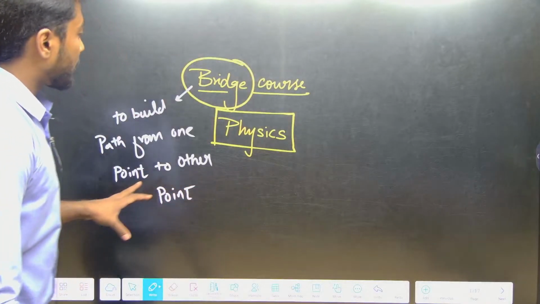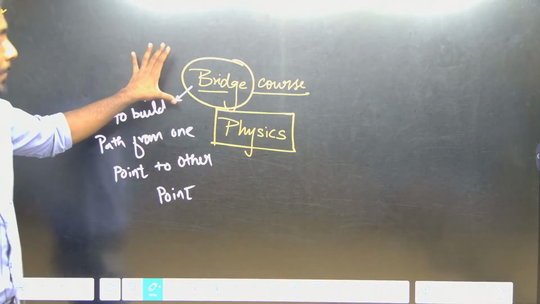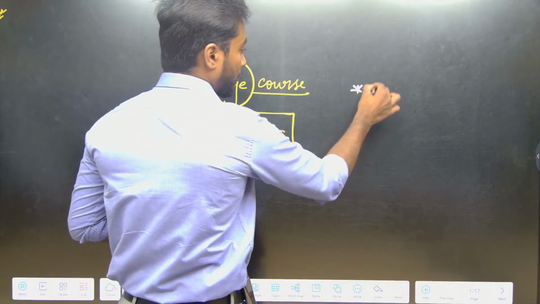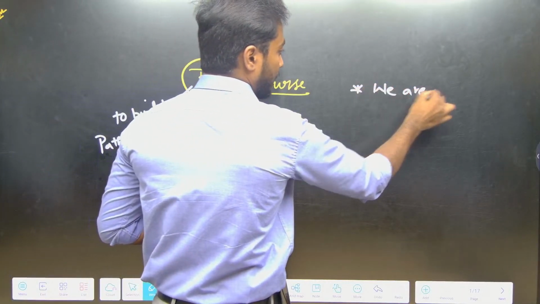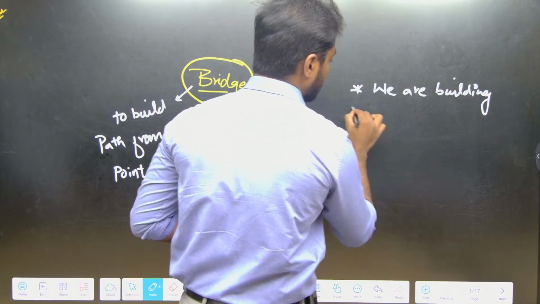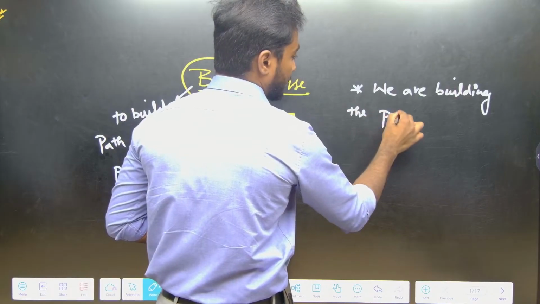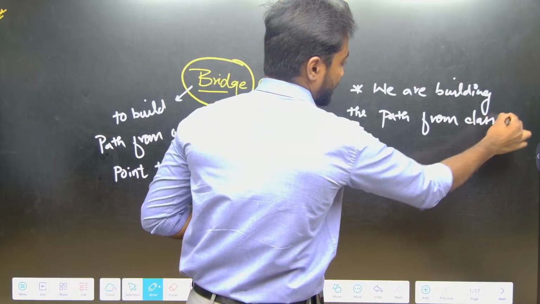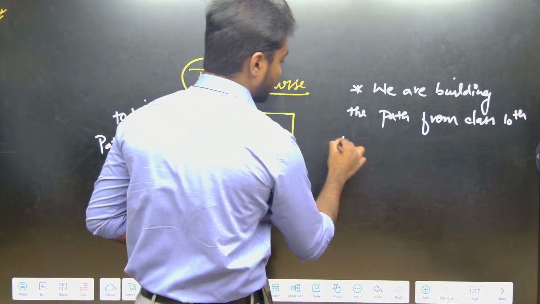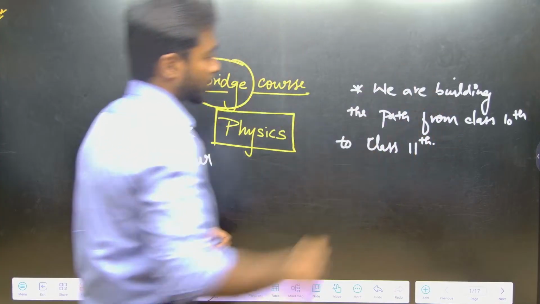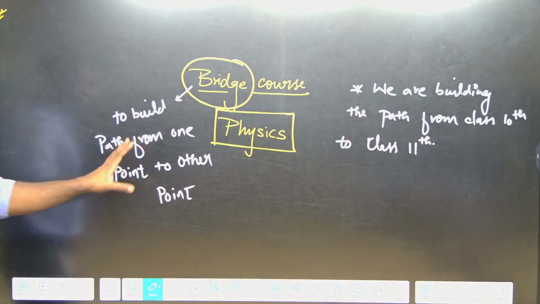And the reason we use the term bridge course is that we are building the path from class 10th to class 11th. That's why we call this a bridge course.